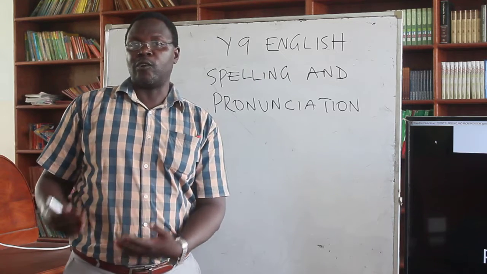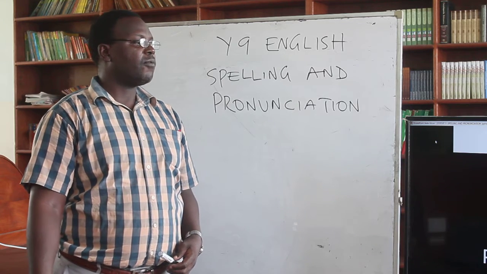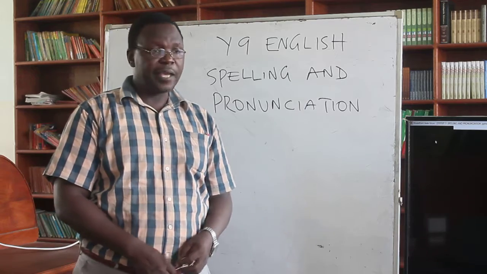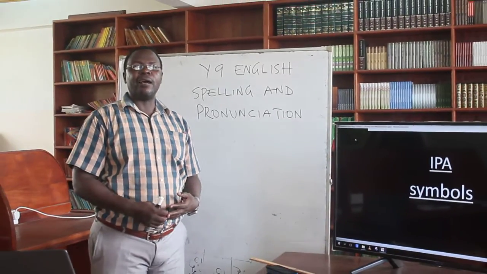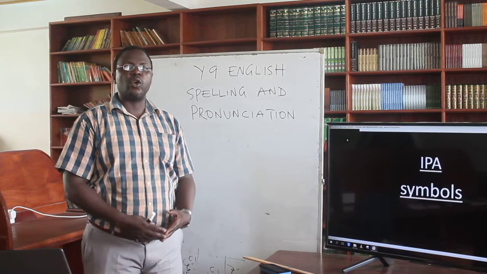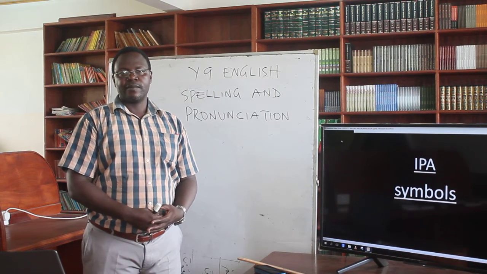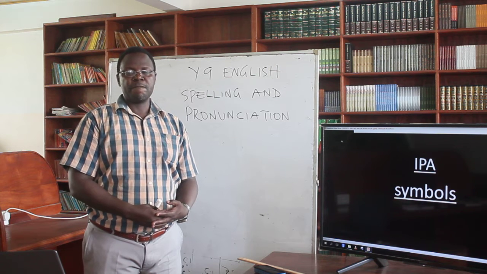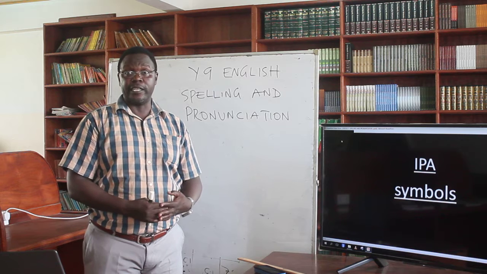Letters fall under the letter alphabet, but the symbols fall under what we call the IPA alphabet. The IPA alphabet is International Phonetic Alphabet. By this time, you must have been familiar with the dictionary.